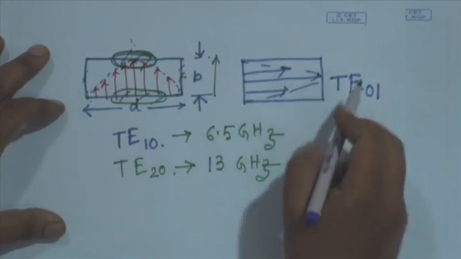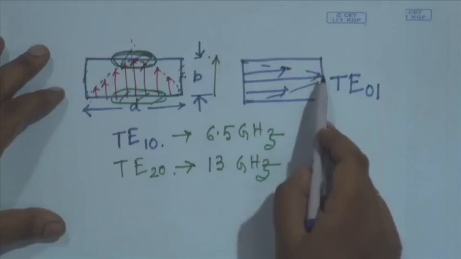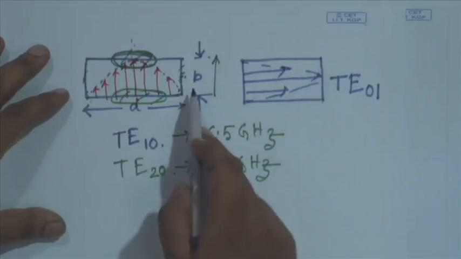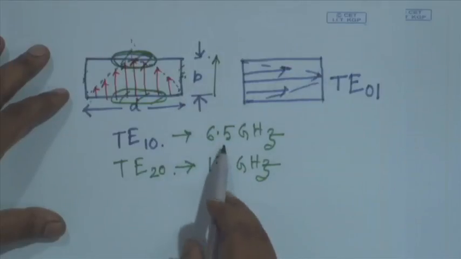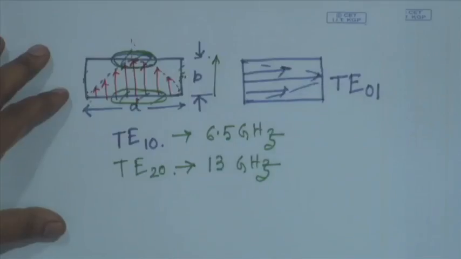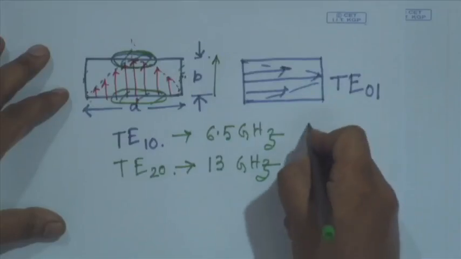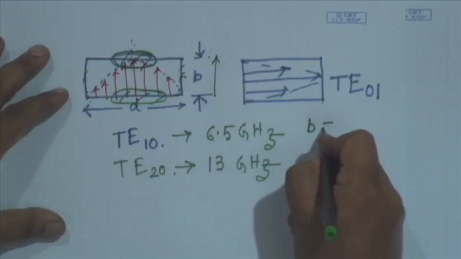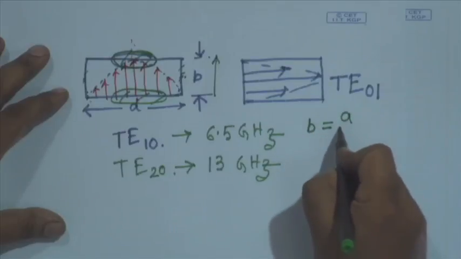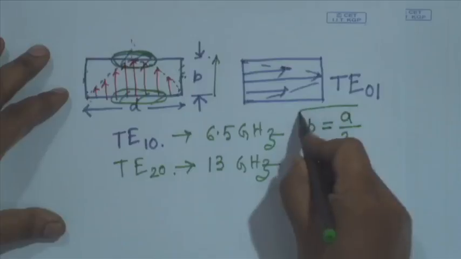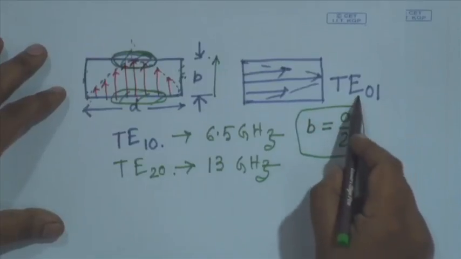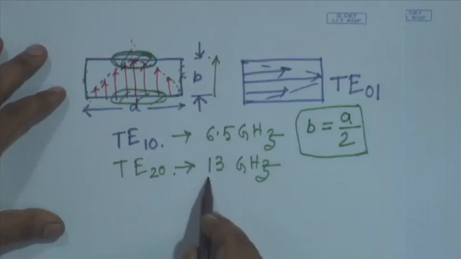For TE01 mode, the cutoff frequency will be determined by B, and if I want to utilize the whole bandwidth from 6.5 to 13, then B can have a maximum value of A by 2, otherwise the cutoff frequency of TE01 will be smaller than 13 gigahertz.